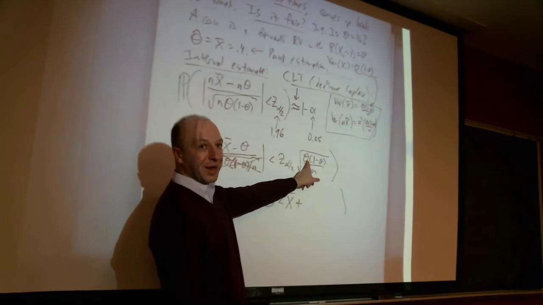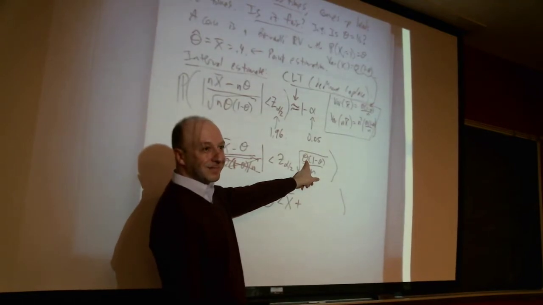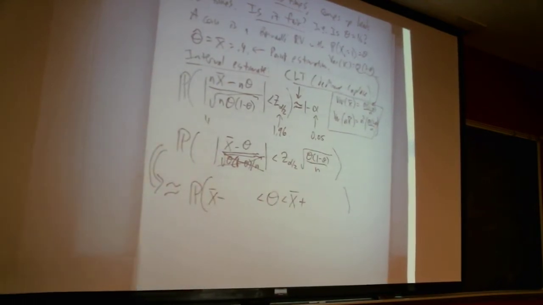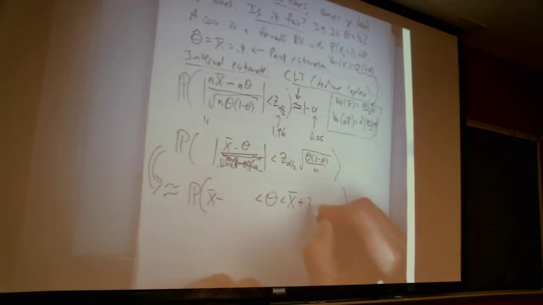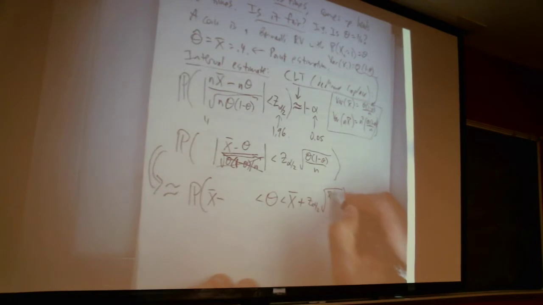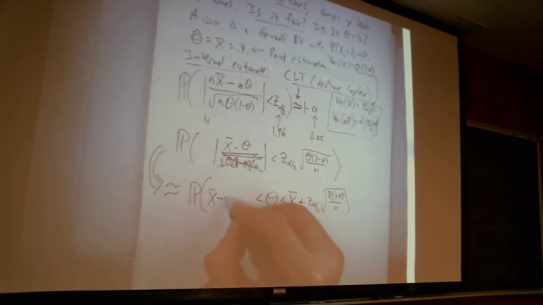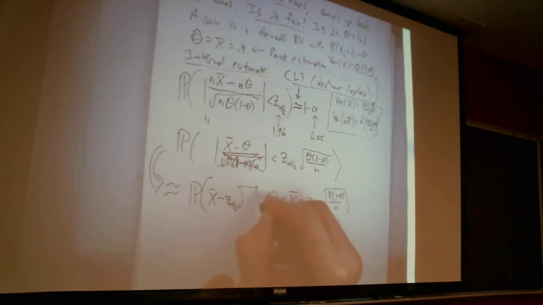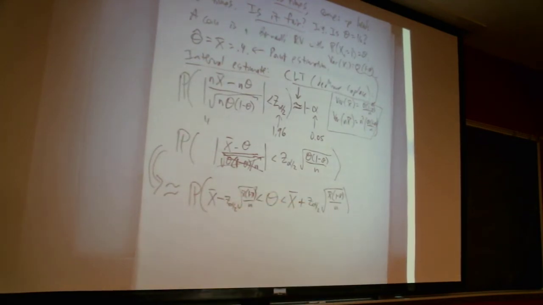What's our estimator for theta? X bar. Okay, so this is going to be z alpha over 2 square root of x bar times 1 minus x bar over n. And the same thing on the other side: z alpha over 2 square root x bar 1 minus x bar over n.